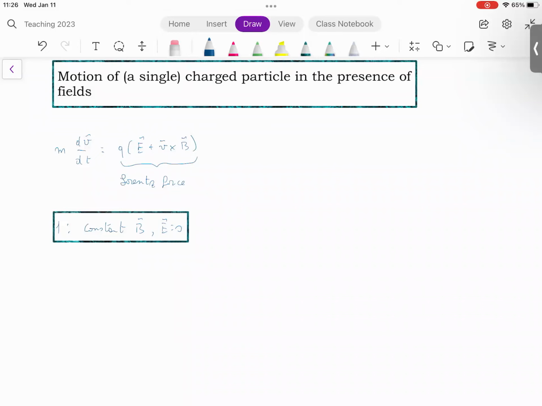I'll take v dot, where v dot is a time derivative of the velocity, I'm using the standard classical mechanics notation, times m times v, which is the time derivative of the kinetic energy.